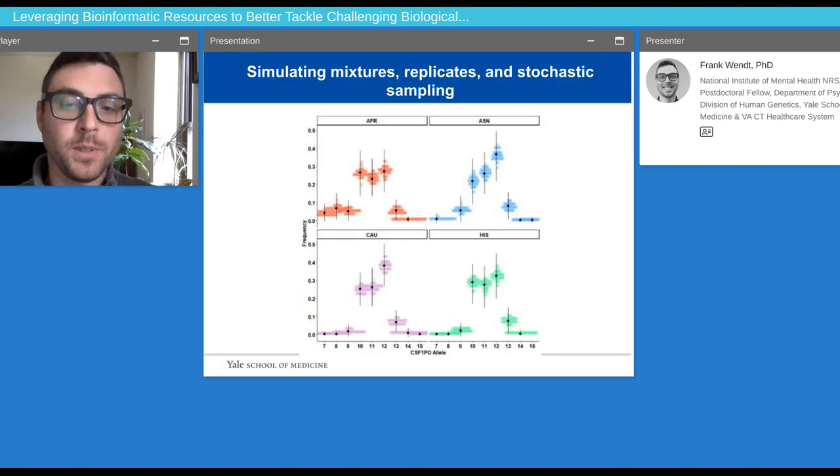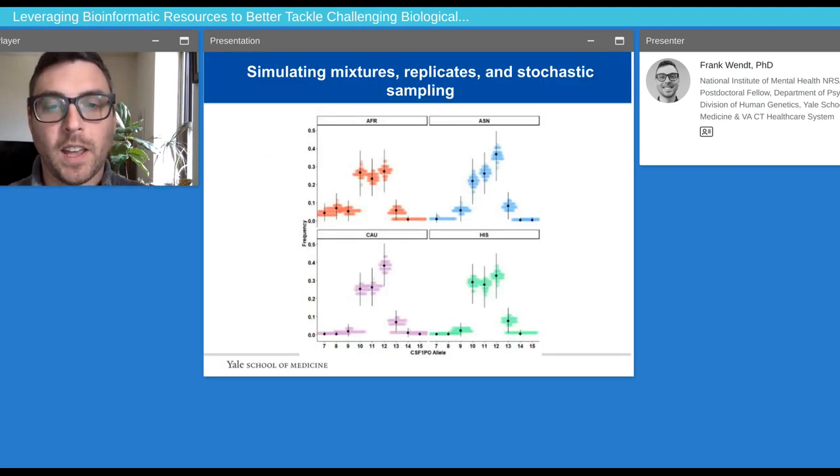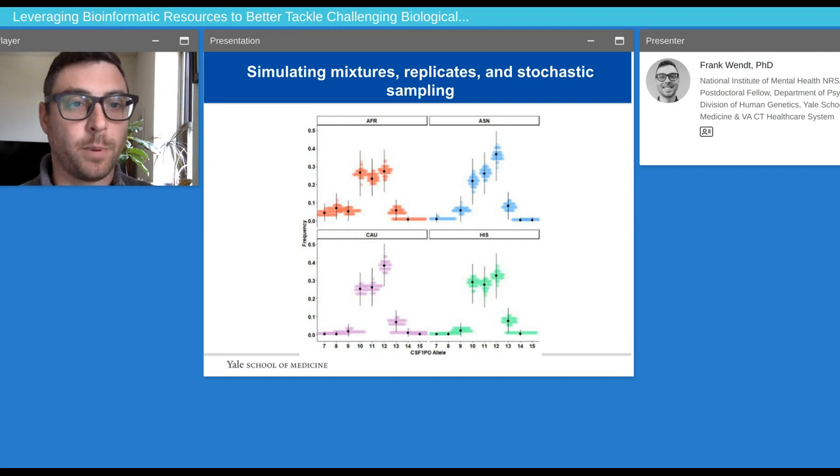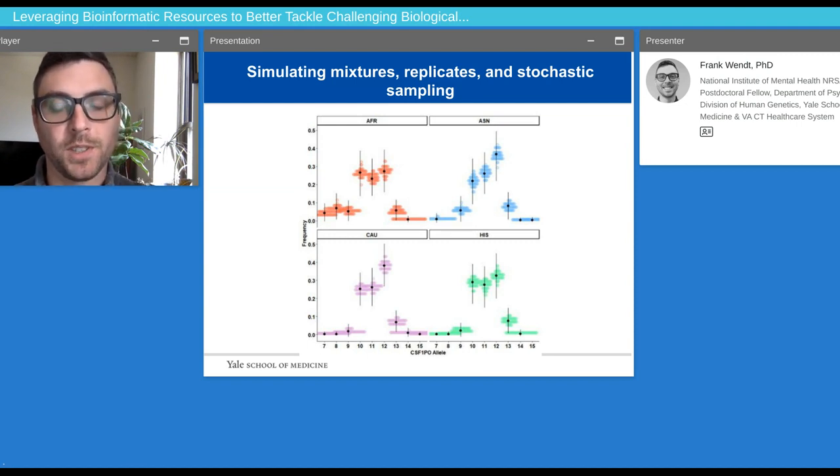In terms of allele frequencies, I'm showing here in black the point estimates and the 95% confidence intervals from Novroski et al. In red, blue, purple, and green, I'm showing the point estimates from our 50 simulated populations. You'll see that all of those distributions do fall within the 95% confidence intervals of Novroski et al.